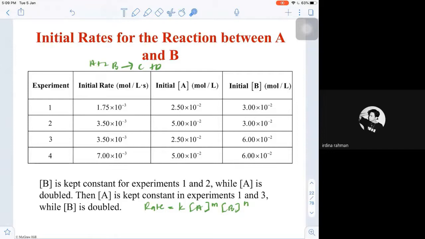So how to calculate the values of M and N?